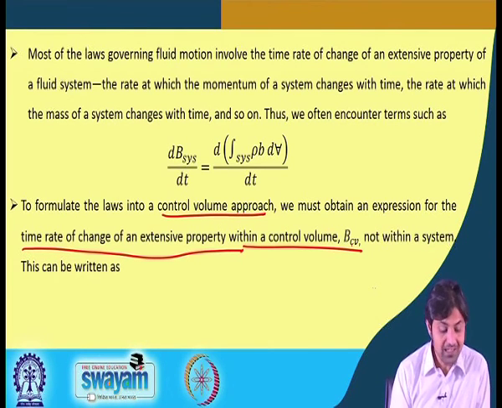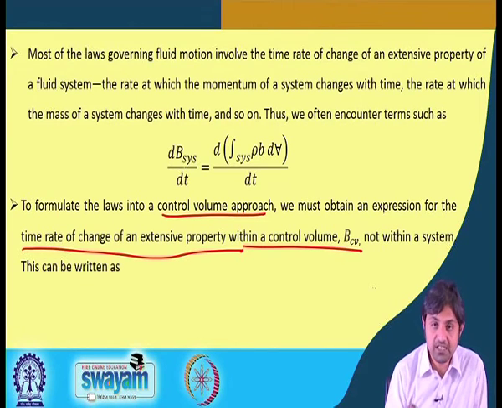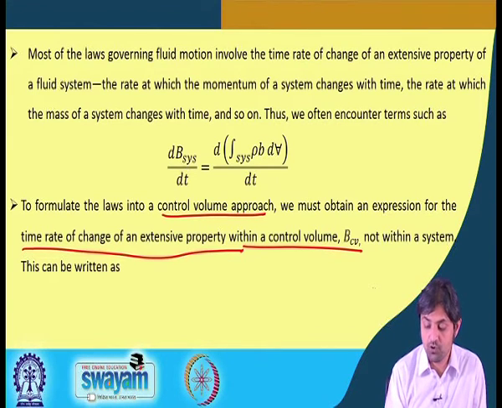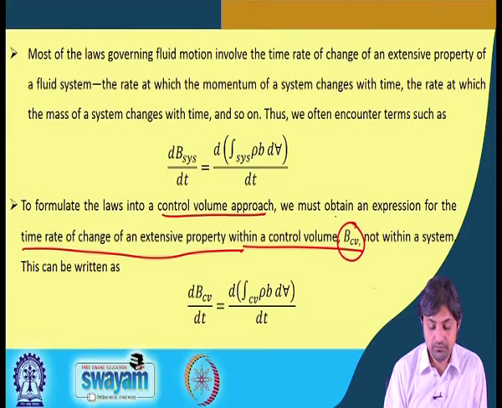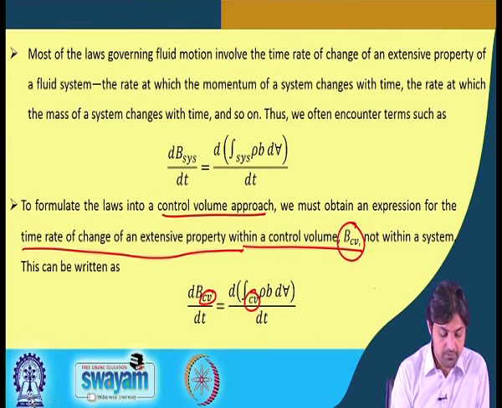Until now, we have written this extensive property in terms of a system, but to be able to obtain and formulate laws, we should be writing it not in terms of a system, but in terms of a control volume. So, the same thing we can write as d/dt of B_CV, the same equation going from system to control volume.